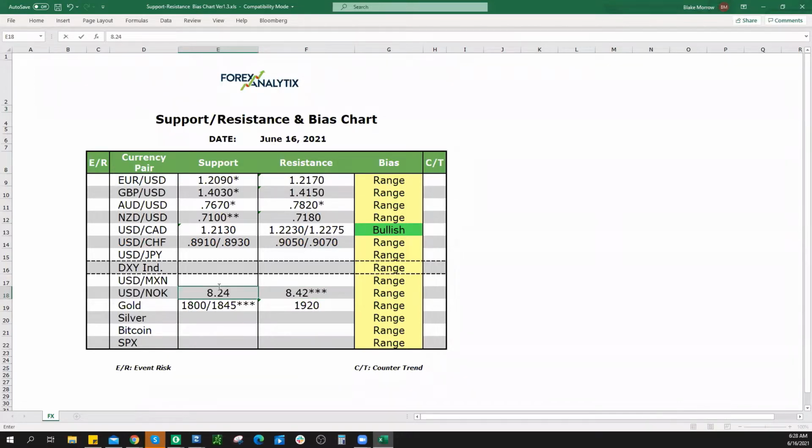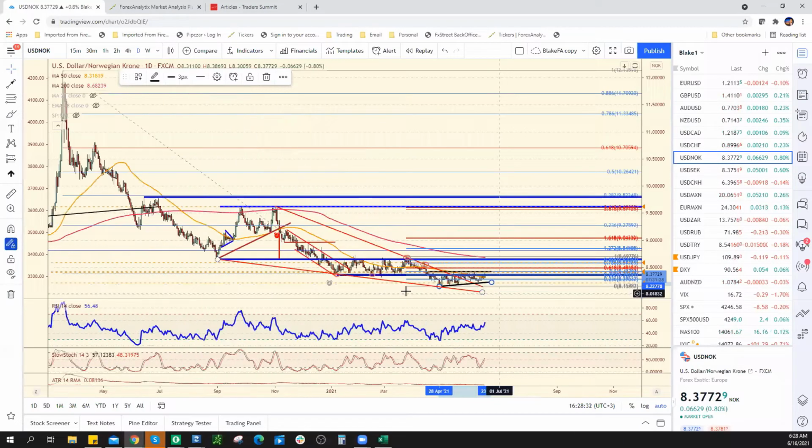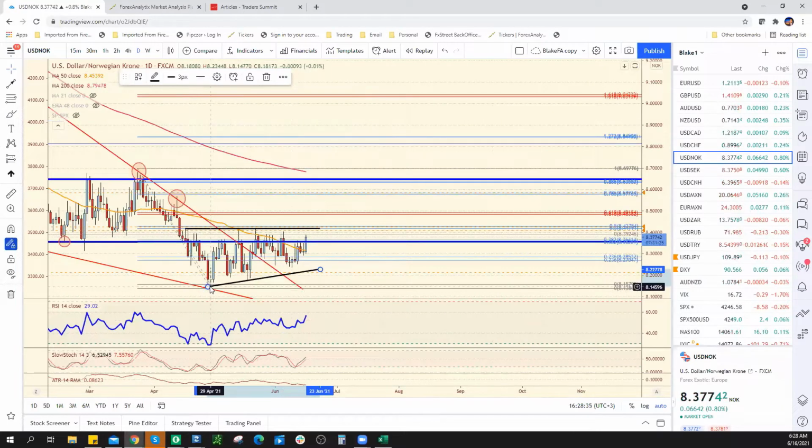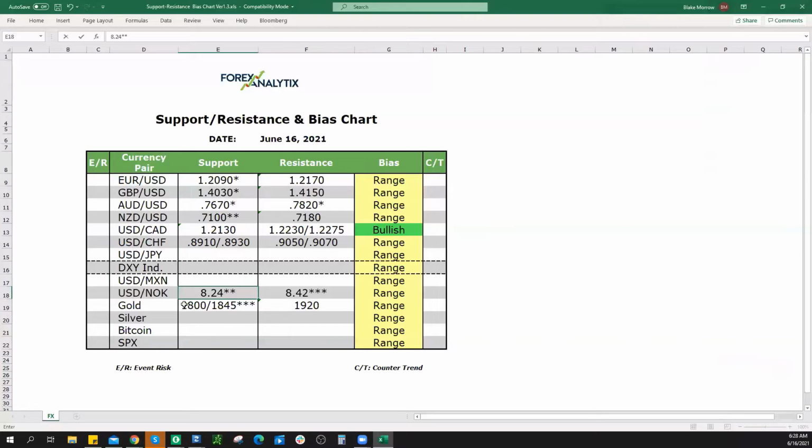If we break below 8.24, I think we've got to target lows. Actually, that's important. Okay, there we go. I think that's correct.